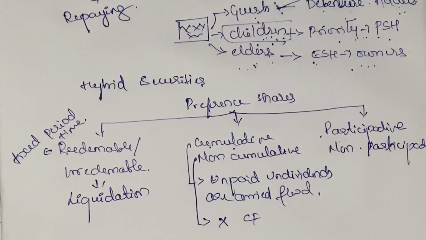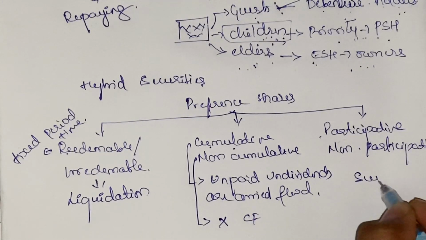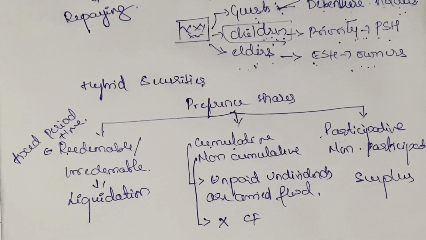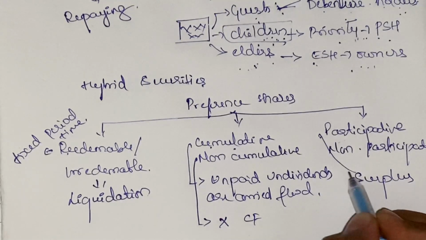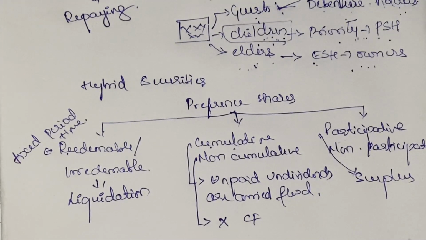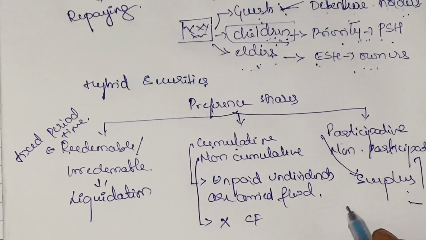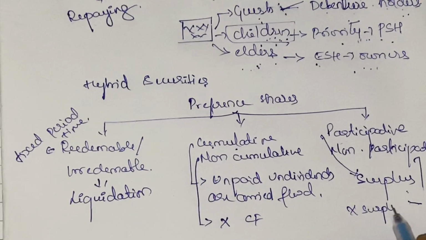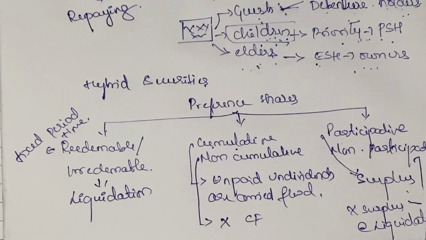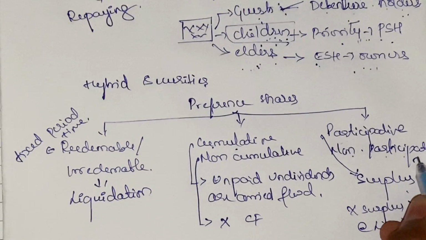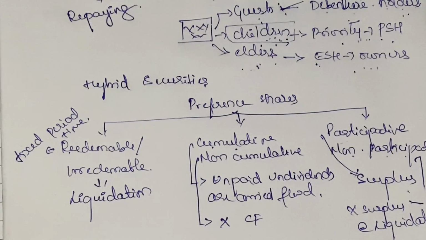That 20 rupees is nothing but surplus. Correct? When preference shareholders have right over surplus, then it is called as participative. When preference shareholders do not have right over that surplus at the time of liquidation, then they are called as non-participative. Hope I am clear with this.